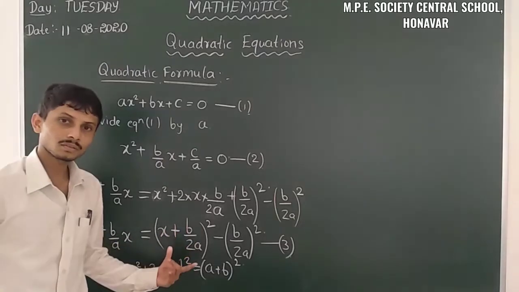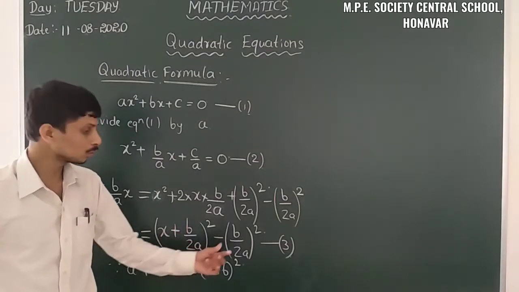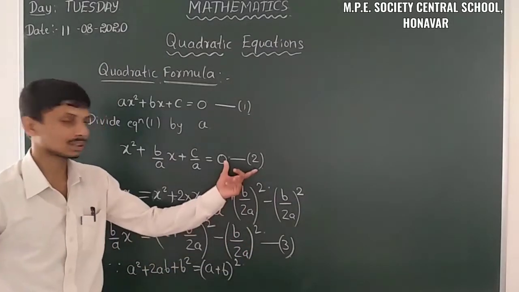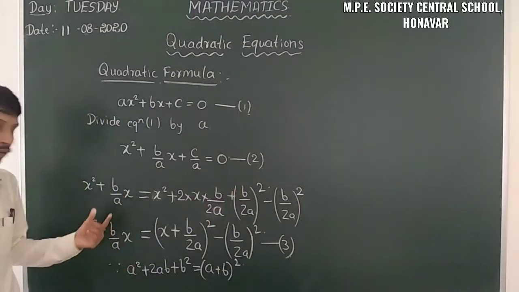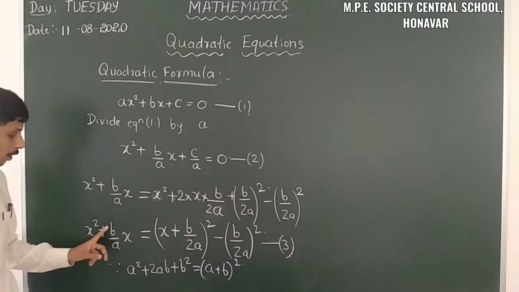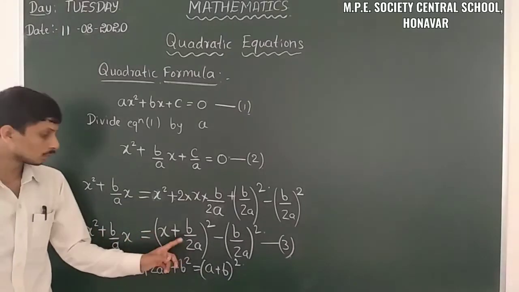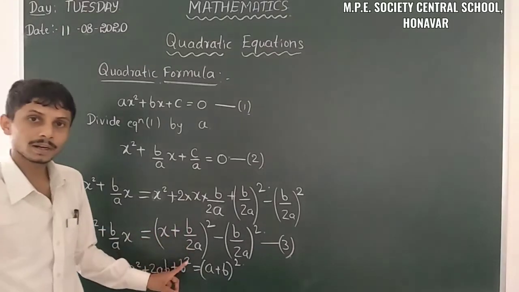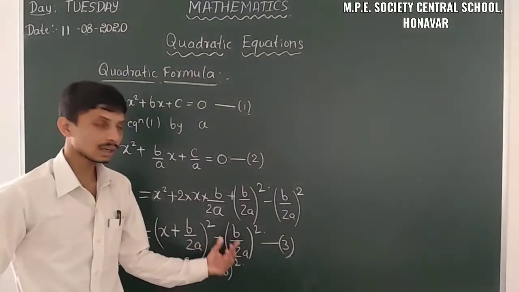When we go to the next step, we have to substitute equation number 3 in equation number 2. That means in place of x square plus b by ax, we have to insert the value we got, x plus b by 2a whole square minus b by 2a whole square.